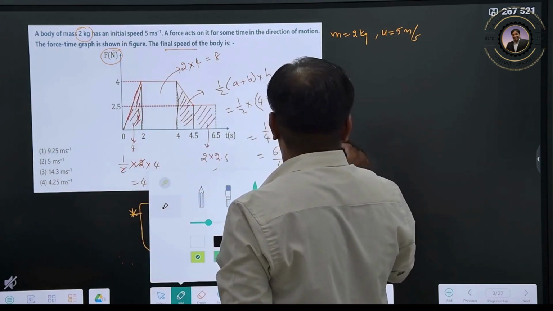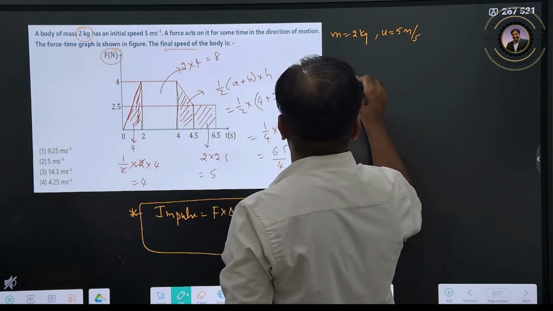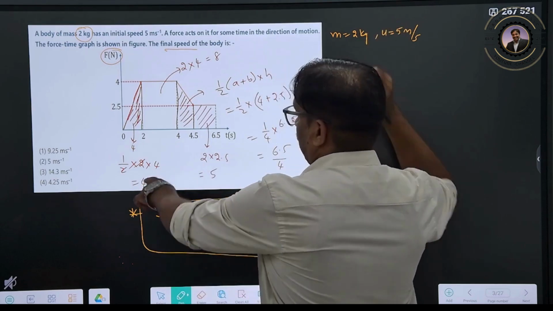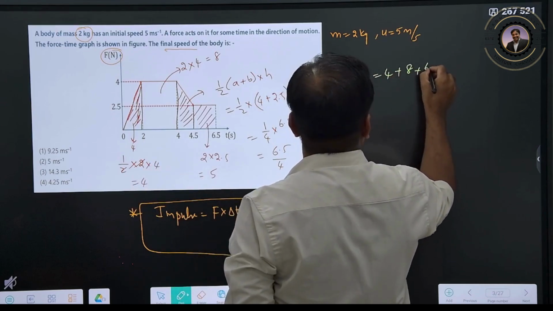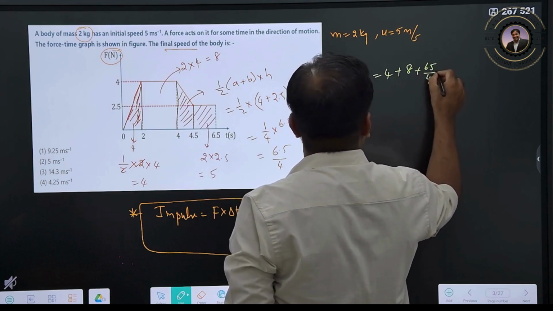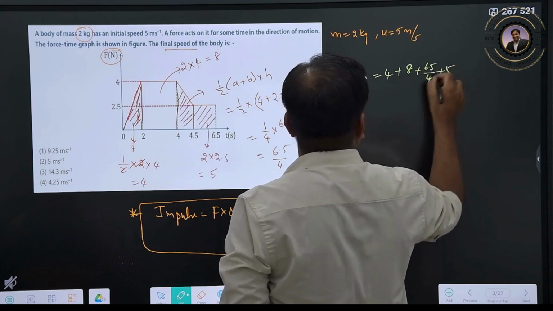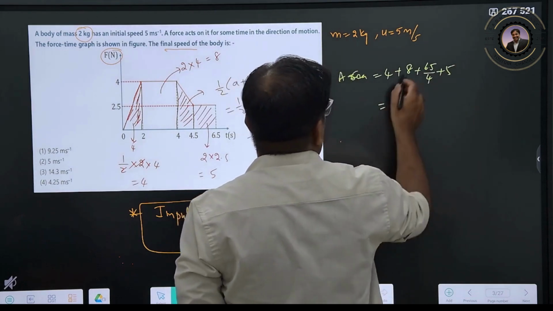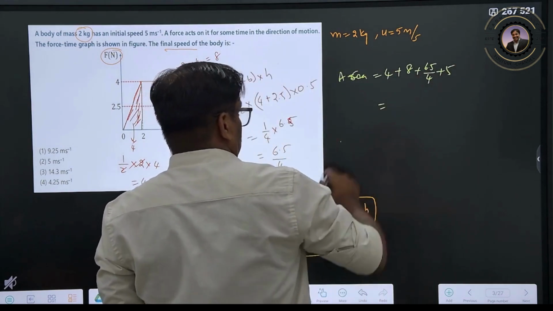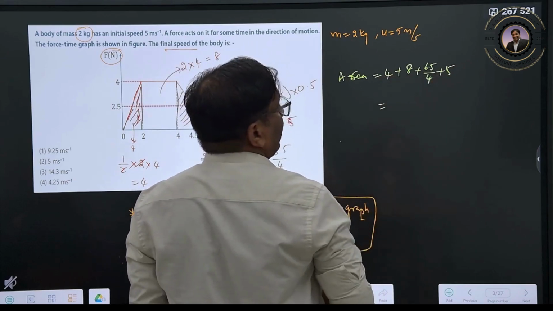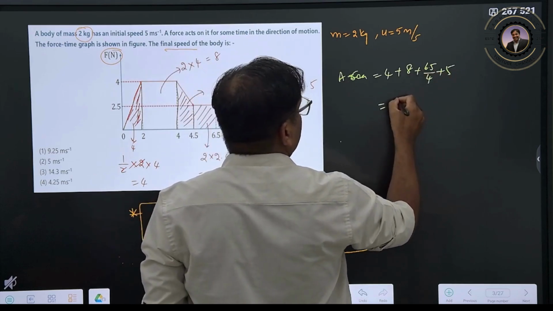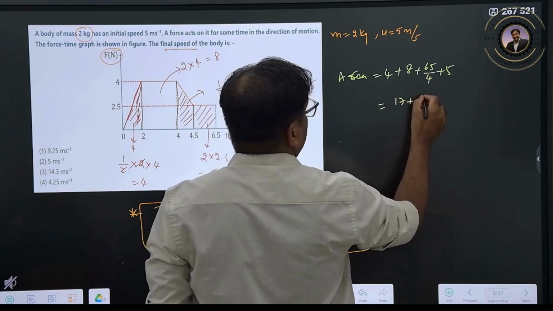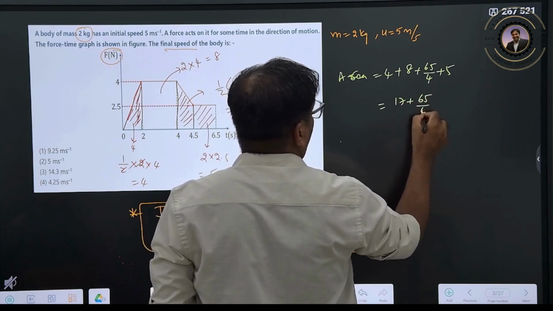So total area, how much did you get? You can get it as 4 plus 8 plus 6.5 by 4 plus 5. How much will it be now? This is 12 plus 5, therefore 17, plus 65 by 40.